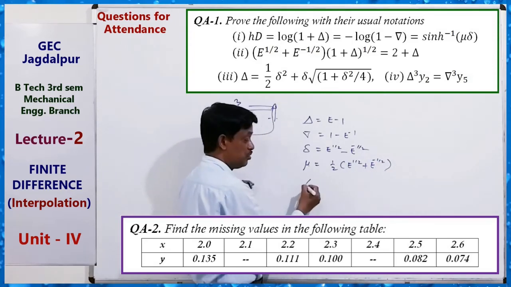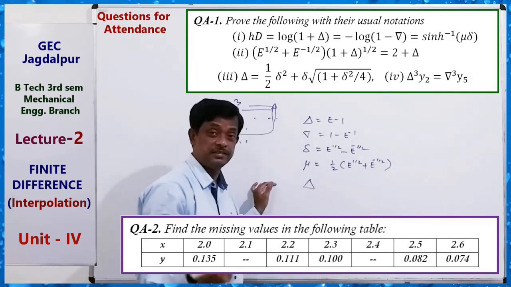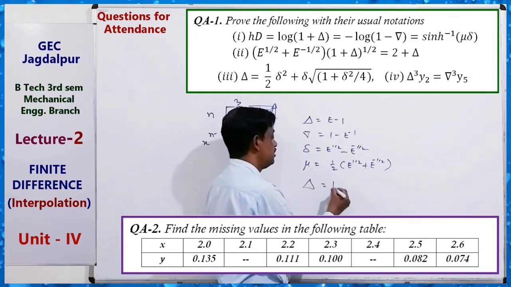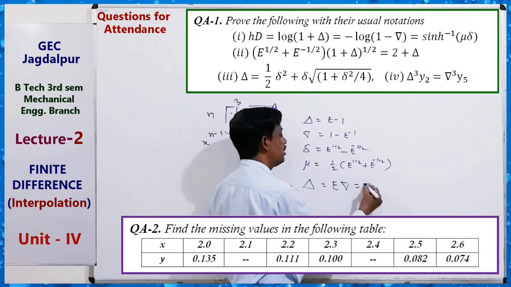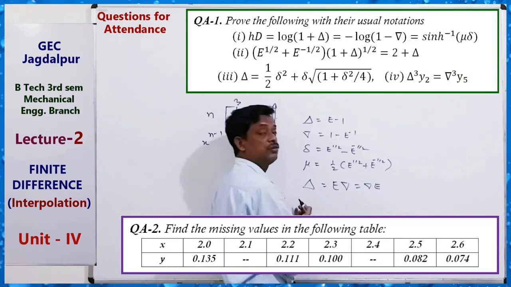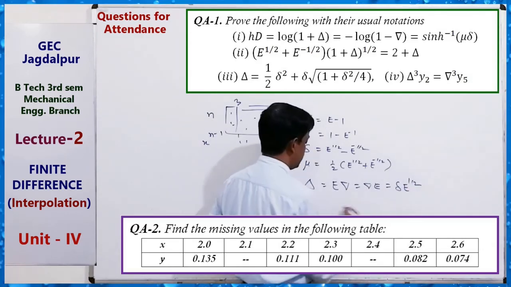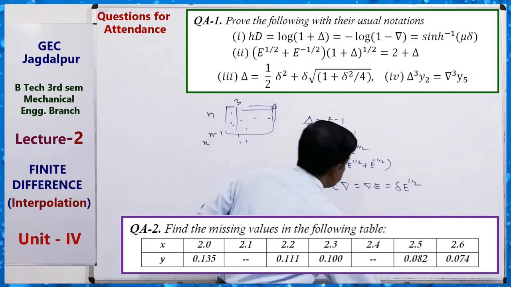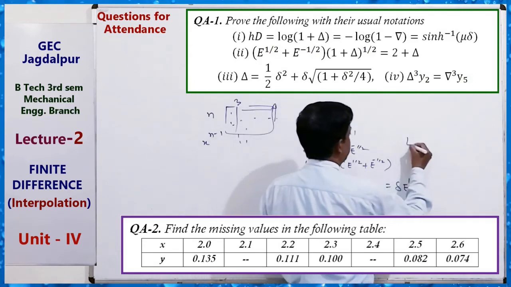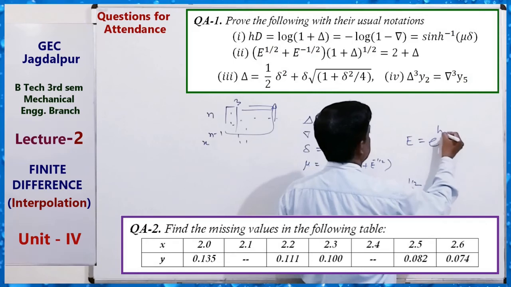Also you know backward del E or E backward del, both equal forward del, also del E to the power half, and the main formula is E equals e to the power hD.